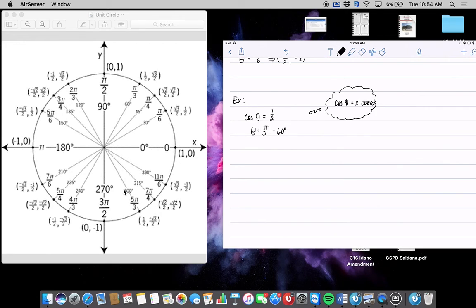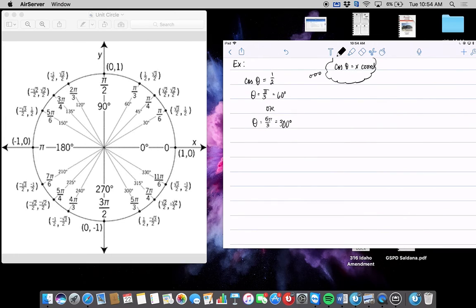So we can just write, or theta equals 5 pi over 3 or 300 degrees. All right, so that's really quickly how you can find the value of theta when given a particular ratio.